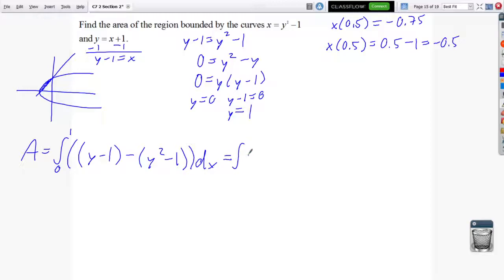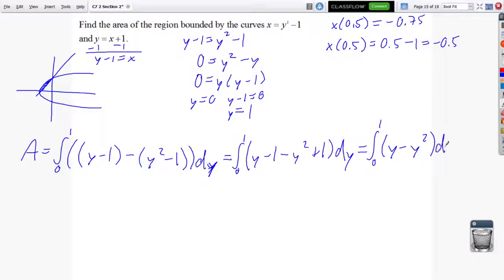So here we'd have the integral from 0 to 1 of y minus 1 minus y squared plus 1, dy, which is equal to the integral from 0 to 1 of y minus y squared dy. And now I'm going to integrate.